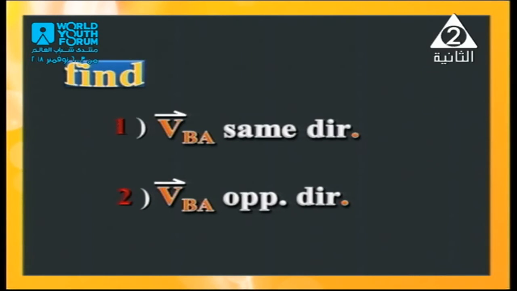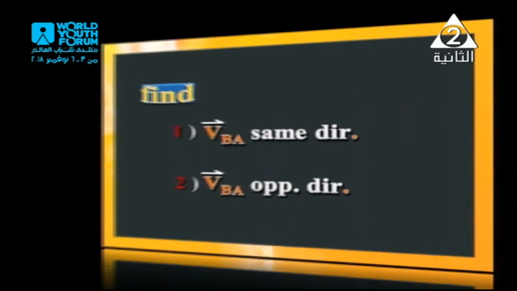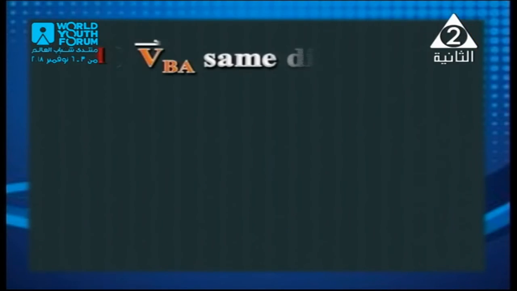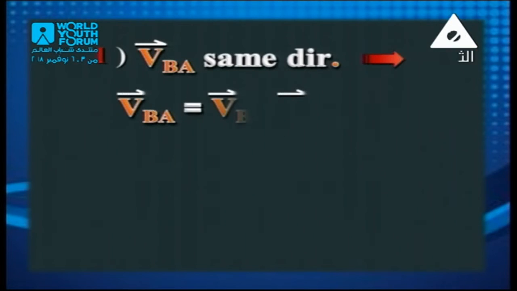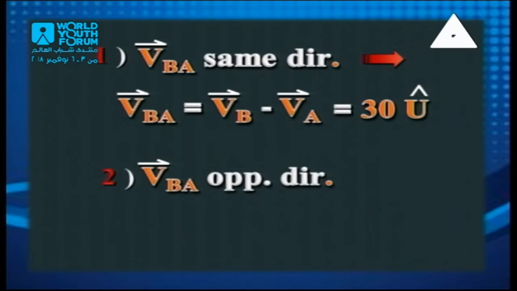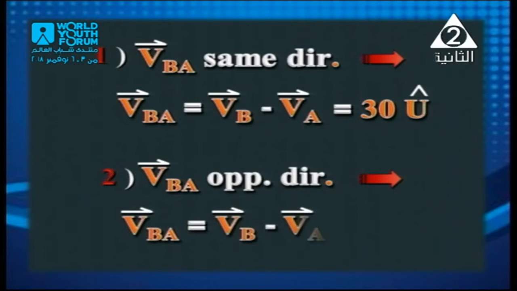VBA in the same direction, VBA in the opposite direction. VBA in the same direction equals VB minus VA. This rule is a subtraction of the unit vectors. VBA in the opposite direction equals VB minus VA, but in the opposite direction we change the unit direction.